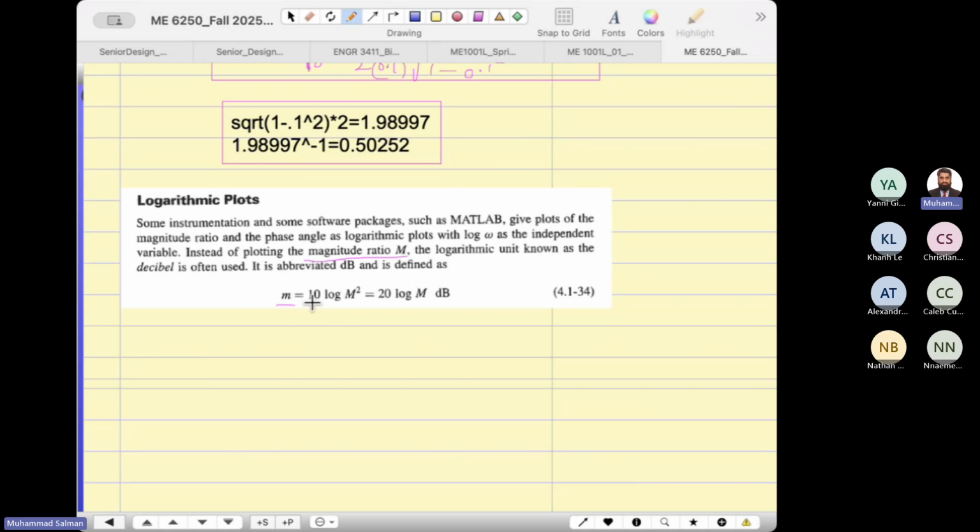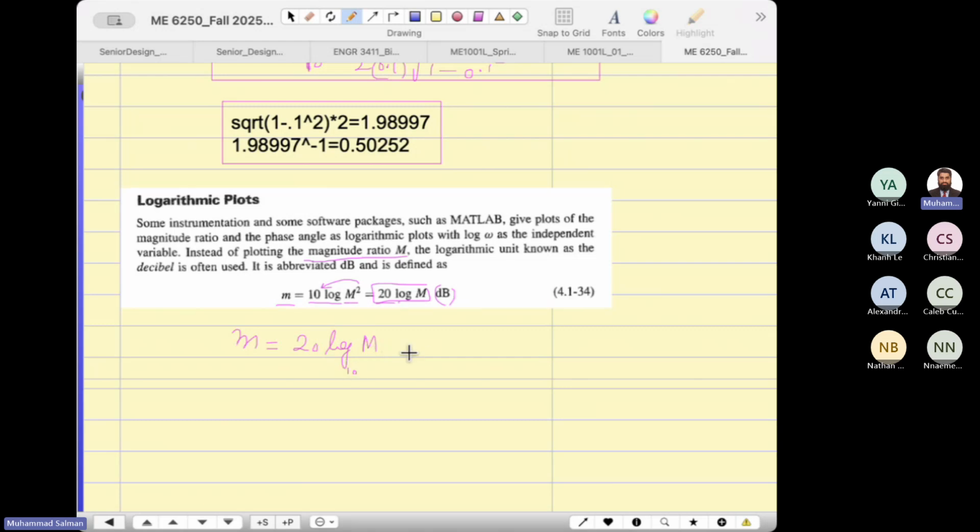M equals 10 log of m square. So this 2 comes in the coefficient, multiplied by 20. It's a logarithm function. Everybody knows at this moment. So this is the definition of a decibel, that you take the value of 20 log base 10 of this.